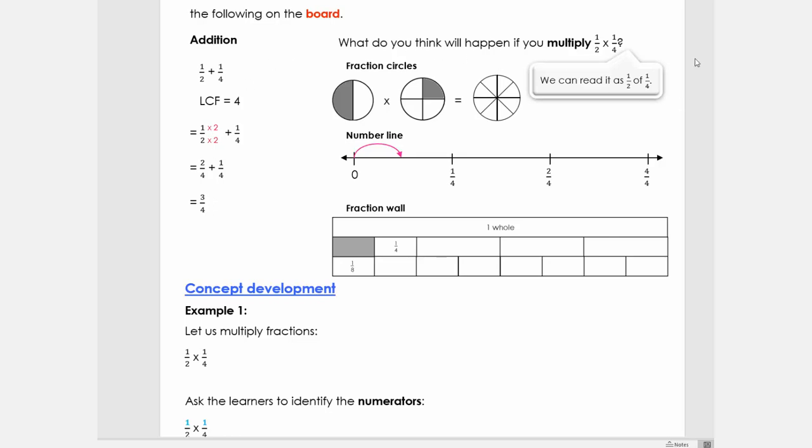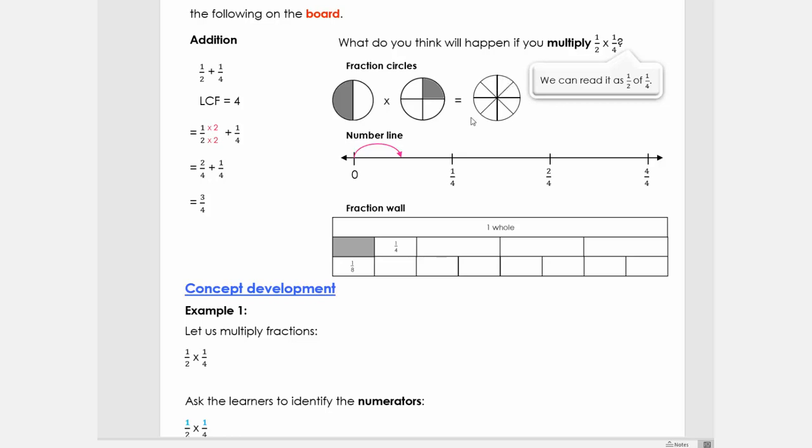Welcome back. So a question that we can often ask is, what do you think will happen if you multiply 1/2 by 1/4? So what is 1/2 of a quarter? So if we look at this picture, if we say what's 1/2 of the quarter, then we're just going to have a small bit colored here.